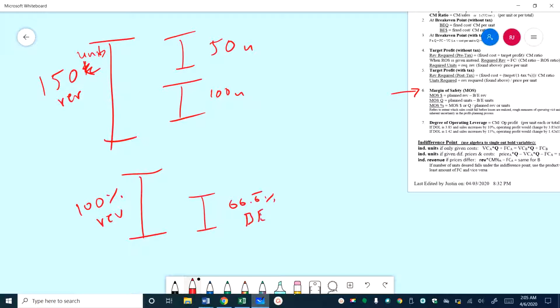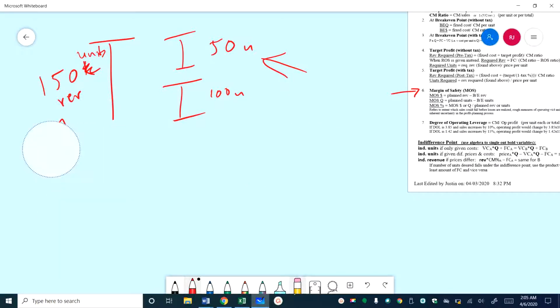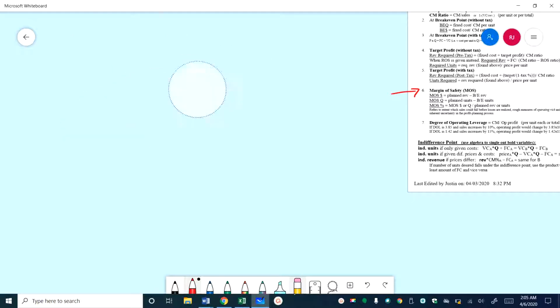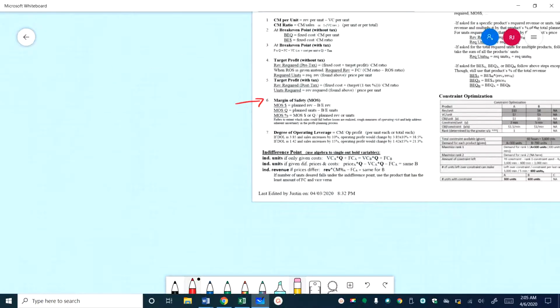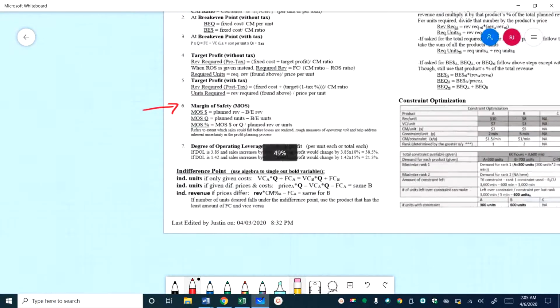So therefore, if this is our revenue and this is our margin of safety, we know that we can stand to lose 33.3 repeating percent of our revenue before we start to go into the negatives in profit. So I might have lost you there at the very end. However, the formulas are relatively simple, and as long as you can apply them, then you should be fine.